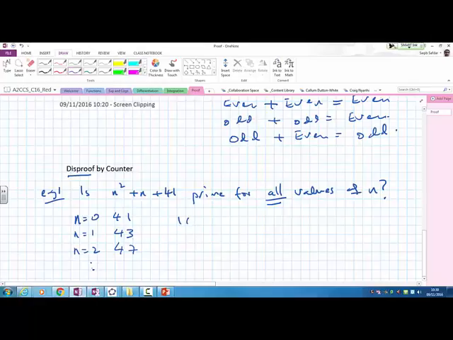However, if n equals 41, we'll end up with 41 squared plus 41 plus 41. And that essentially is 41 times 41 plus 2 times 41, which can be written as 41 times 43, which is not prime.